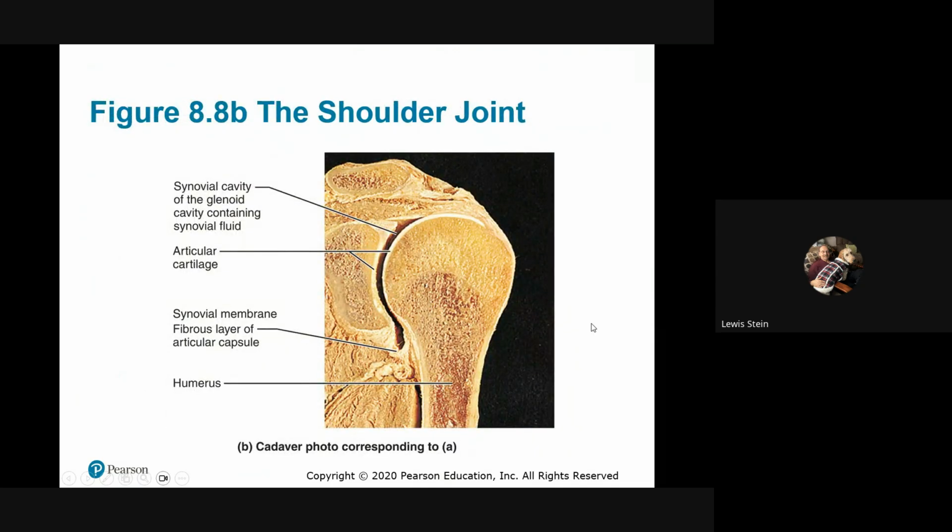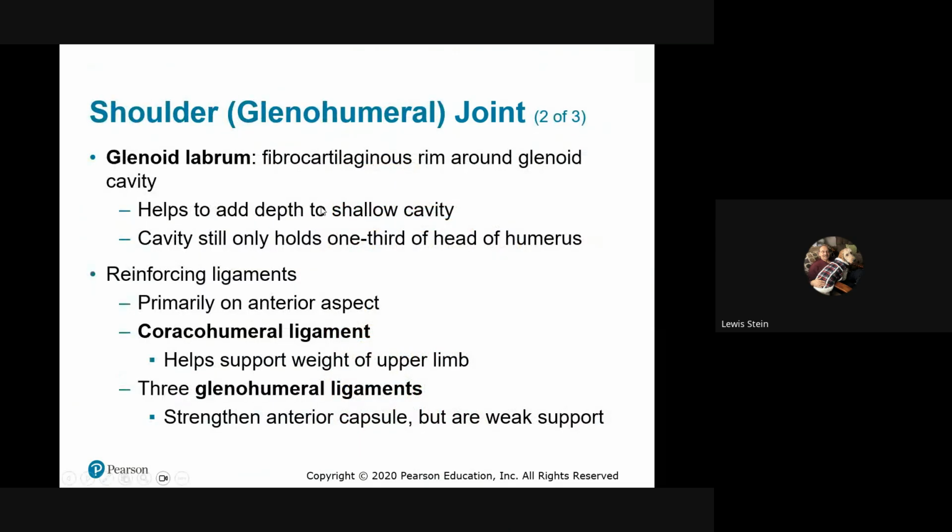Okay, and they're just showing it to you here. So the labrum, a fibrocartilaginous rim, just like you have in the hip. You have a glenoidal labrum and an acetabular labrum. Again, it still only holds about 1/3 of that head, so you still have 2/3 of the head out. That's why it's so easy to dislocate.